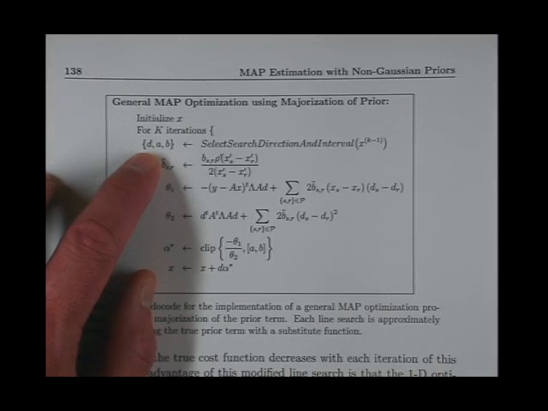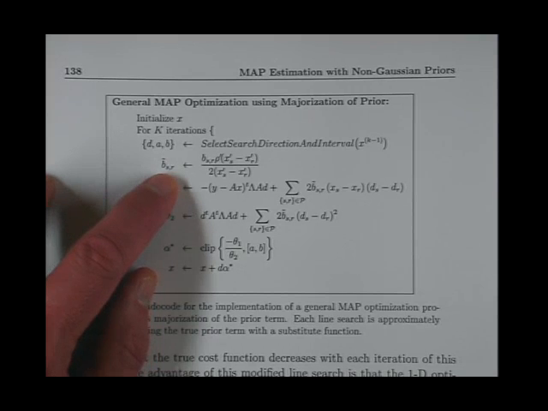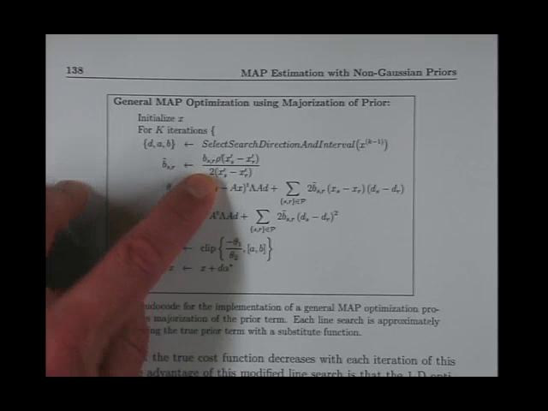If it's a more sophisticated algorithm, it would be some more sophisticated way of selecting the direction. Okay? Then you calculate these coefficients as a function of the derivative of the potential functions, right?